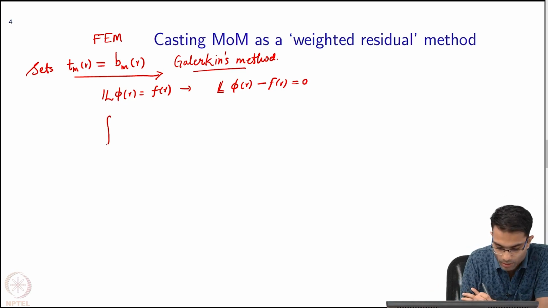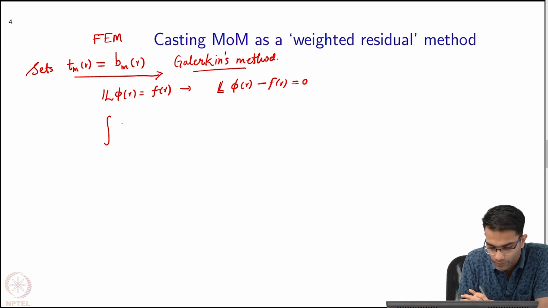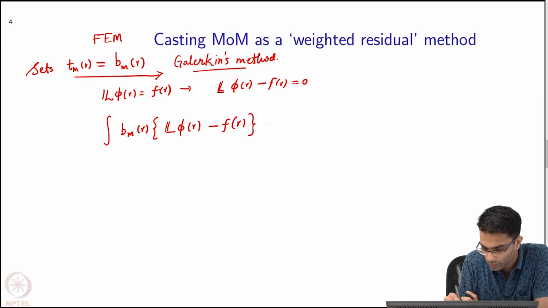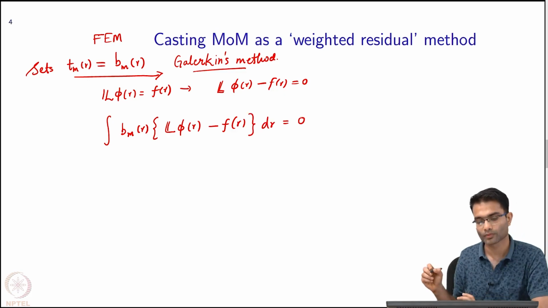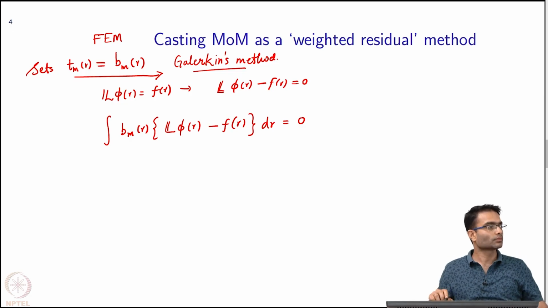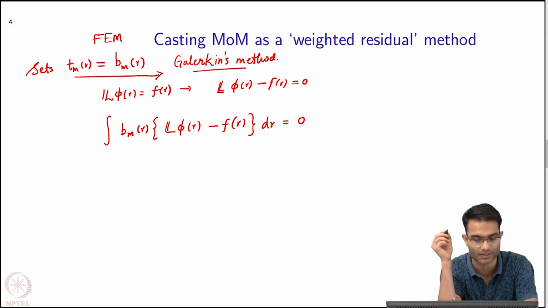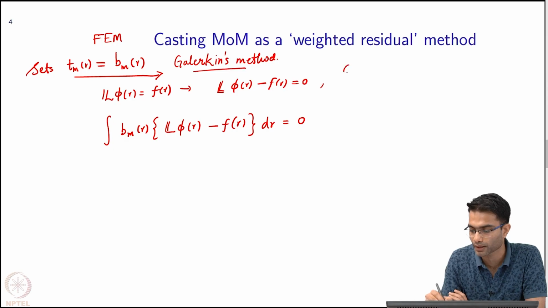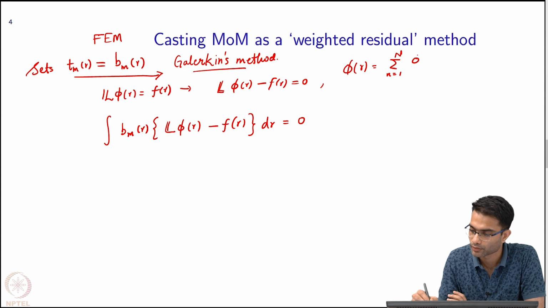It means that an integral over, so this is testing, right. This is the same as step 2 earlier, testing with a testing function. In this case, the testing function is the same as the basis function, right. So, I will continue to write phi of r as the sum over n is equal to 1 to n of phi n times b n of r.